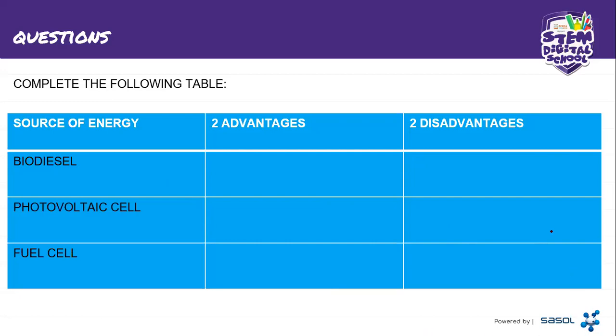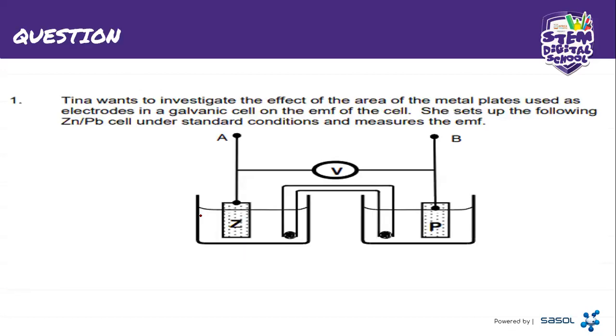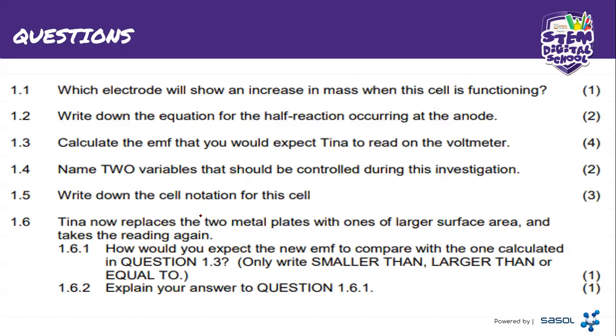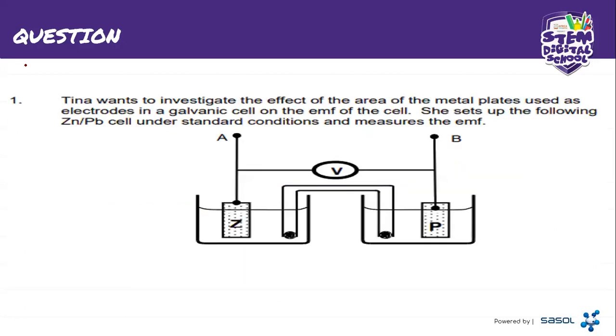And another disadvantage is that it is flammable. The hydrogen gas is flammable. So remember all of that, look at this lesson again, and have that table, and you are well on your way to excelling in a question that will ask you on alternative sources of energy. Then we move to the next question.